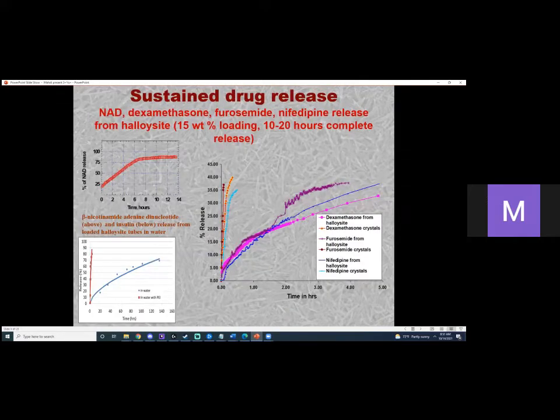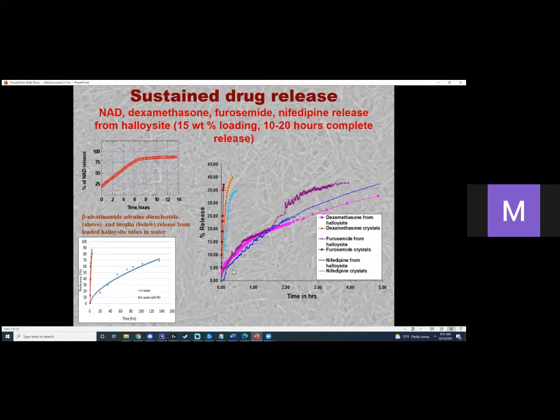So this is what typical data will look like when analyzed when using halloysite for sustained drug release. Here are some examples of us using compounds such as dexamethasone, furosemide, and nifedipine. These graphs usually have the same trend. It starts with an initial 20 to 30% burst release of the compound, then slowly over many hours and days, continues the release of whichever drug you're using.